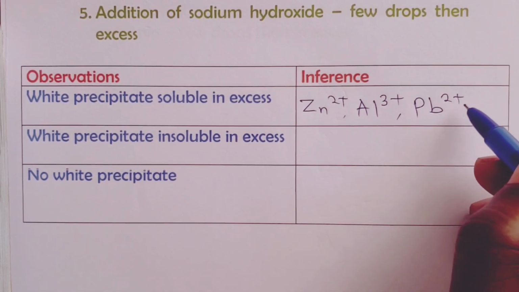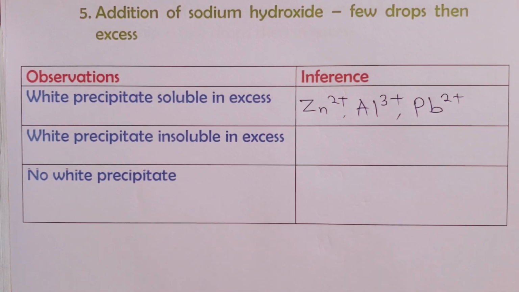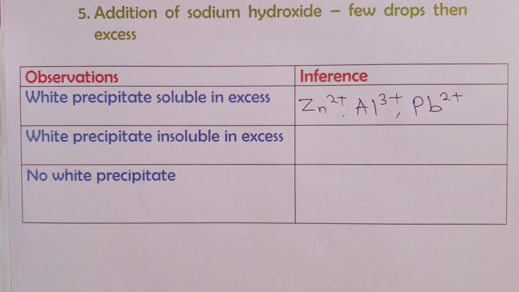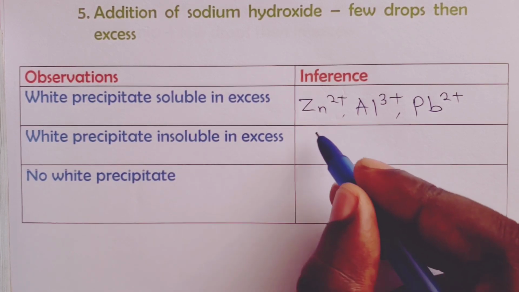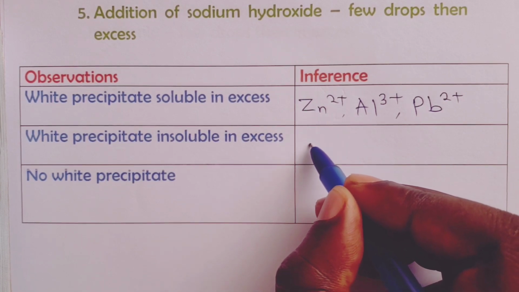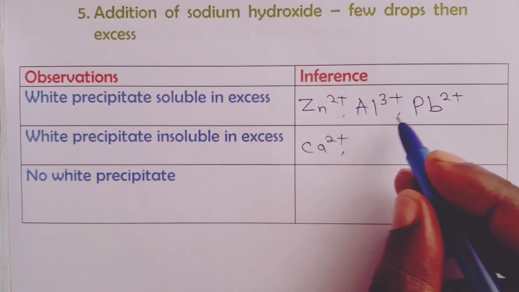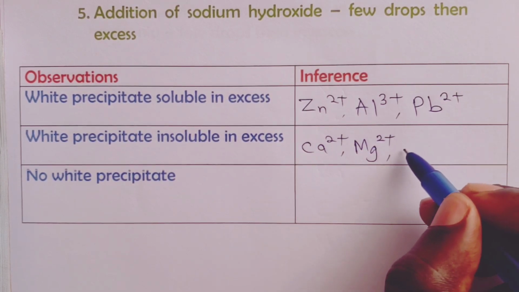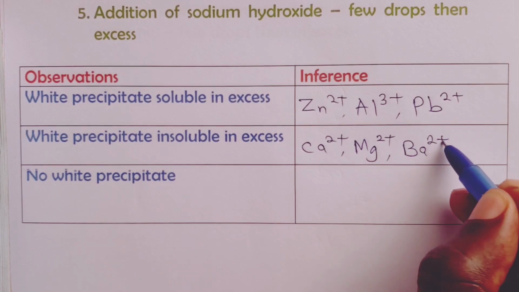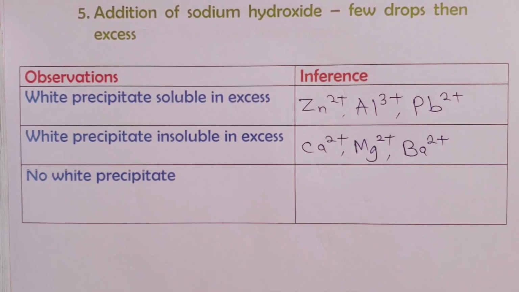These we normally remember with ZAP, Z-A-P. Now, when we see white precipitate insoluble in excess, then this time round we have calcium present, or magnesium, or barium. In the video that we did, we explained why these observations are expected with the associated equations clearly explained.